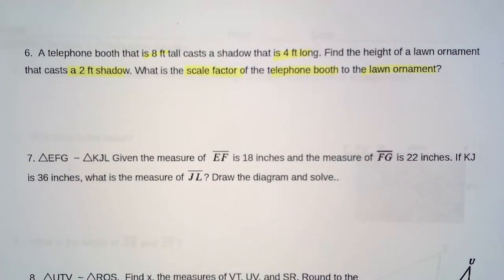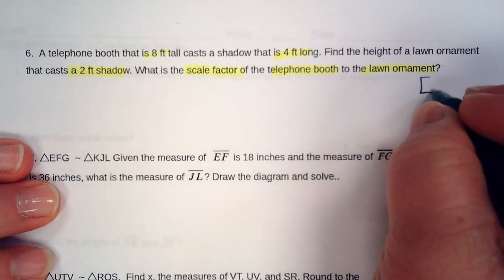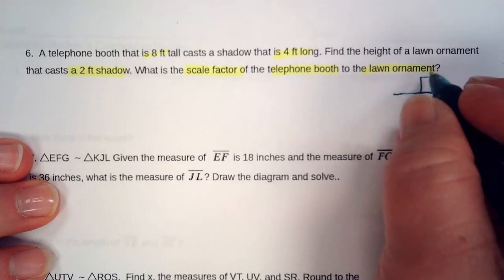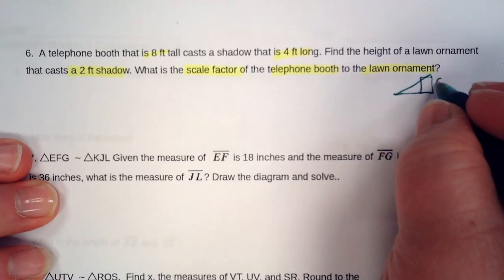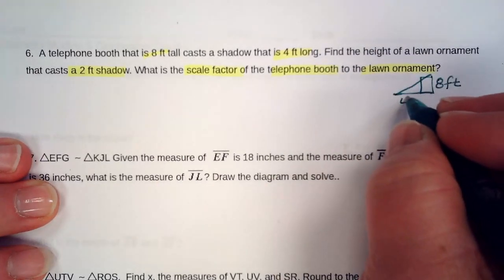So if we're looking at it, the first thing to do a lot of times is to draw the diagram. The diagram will help you see what is going on. So if I've got my telephone booth here, it is 8 foot tall, and its shadow is 4 foot.